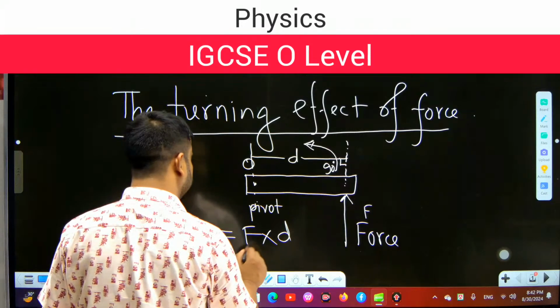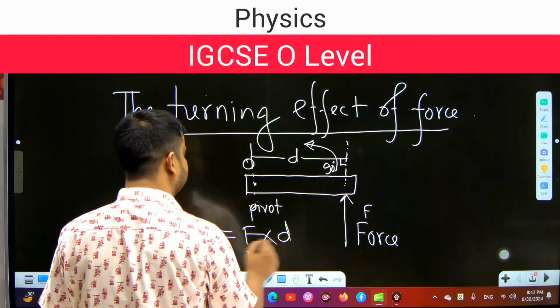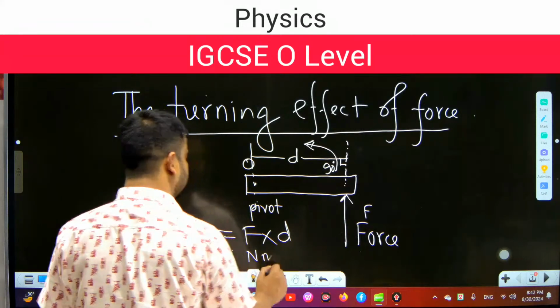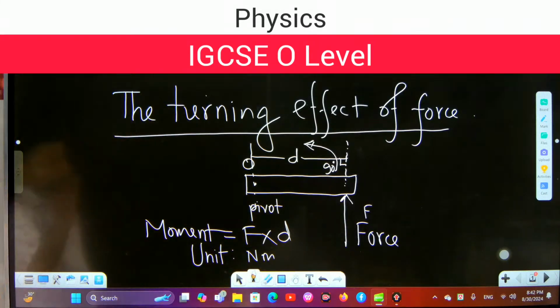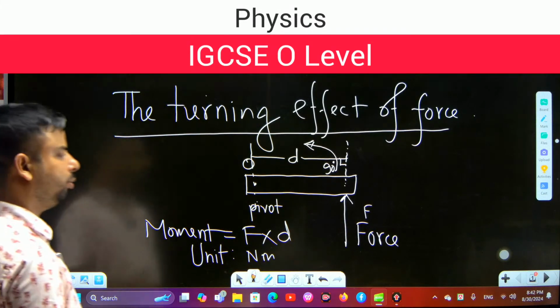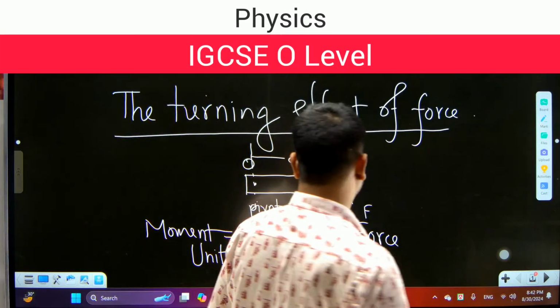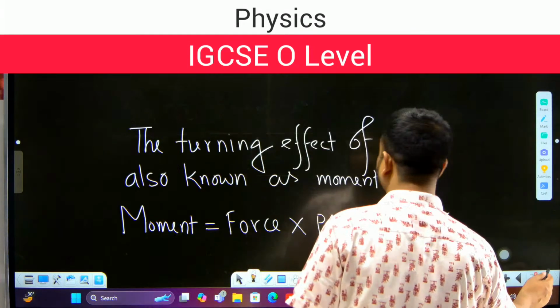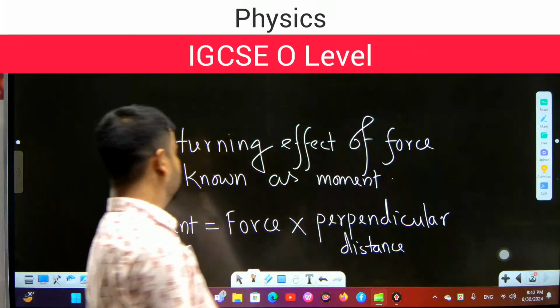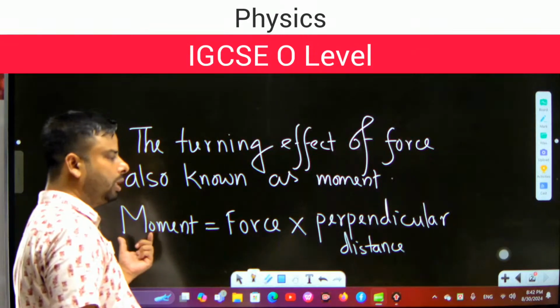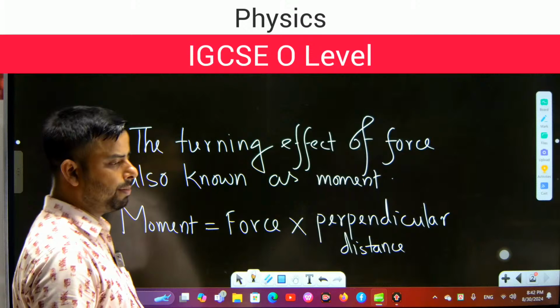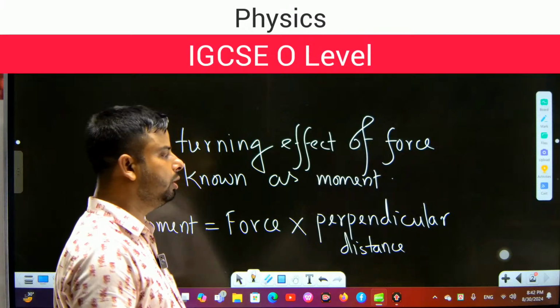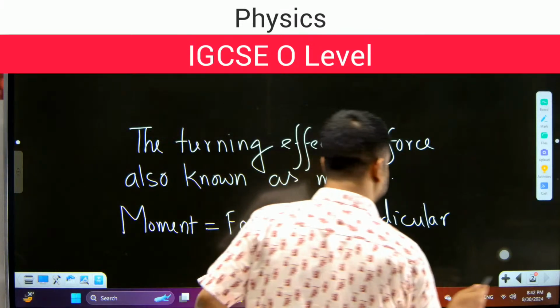The SI unit of force is Newton and the SI unit of distance is meter. So Newton meter is the SI unit of moment. The formula is moment equals force into perpendicular distance.